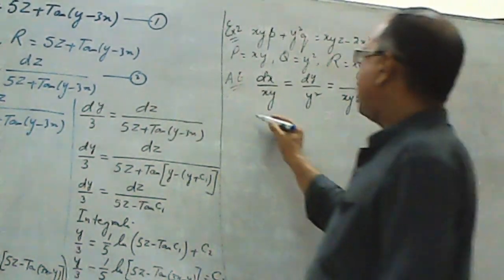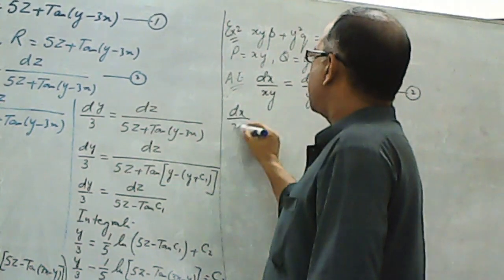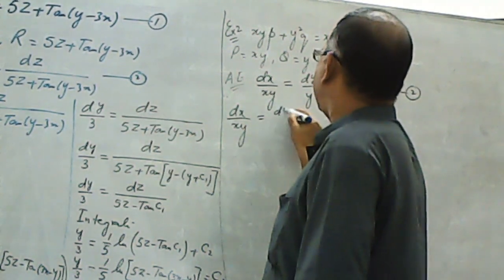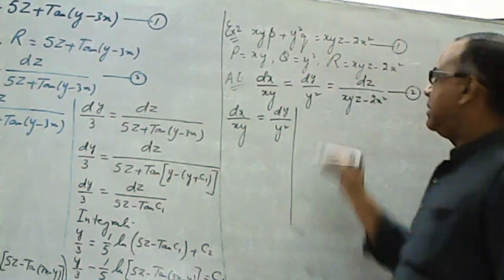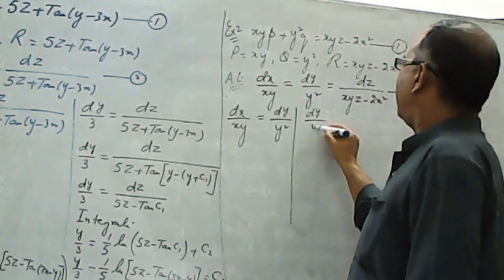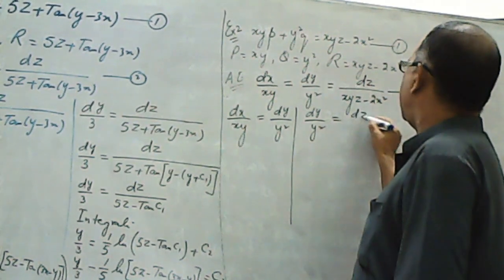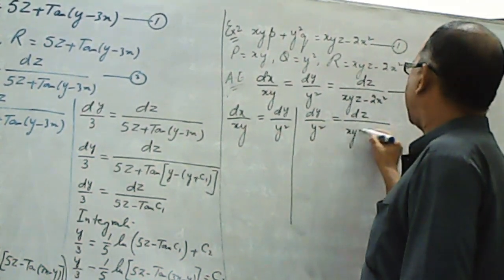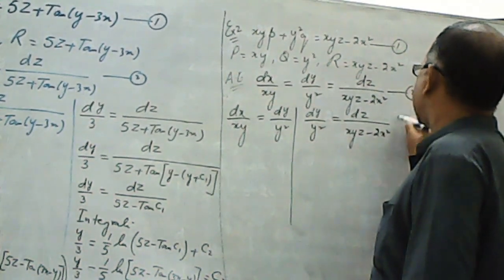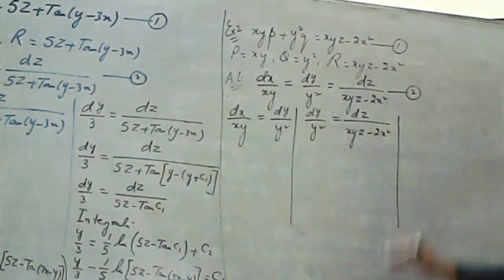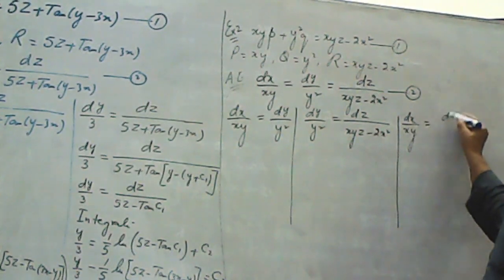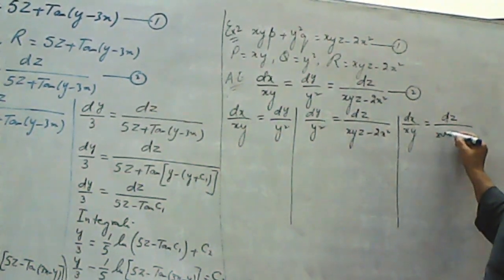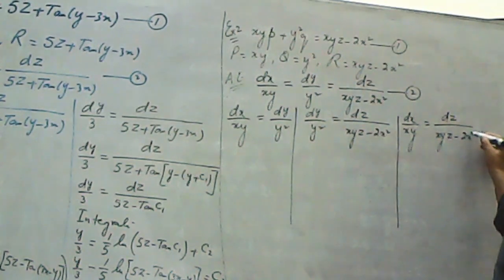Now time to make pairs. dx over xy equal to dy over y square, pair number 1. Then dy over y square equal to dz over xyz minus 2x square. And pair number 3, dx over xy equal to dz over xyz minus 2x square.